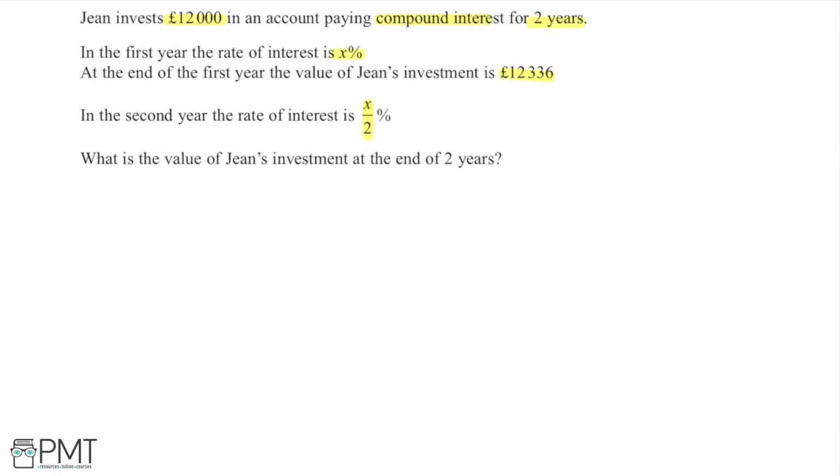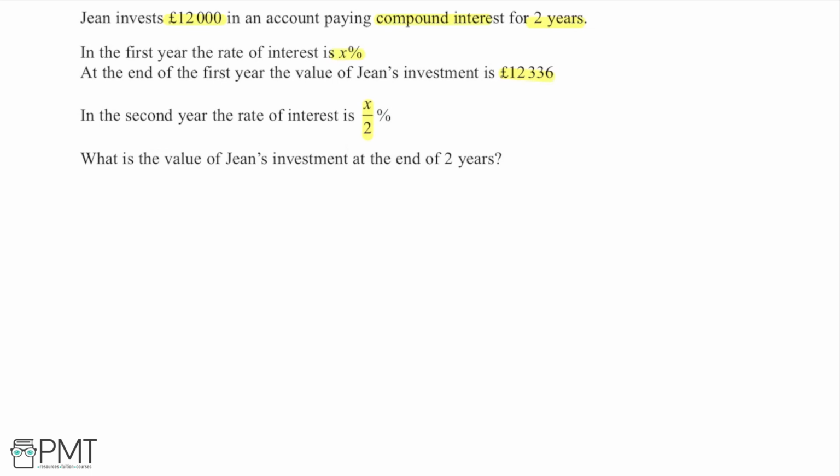So I know I'm working with compound interest, and initially that's making me think that I'm going to be working with some kind of decimal multiplier here. And if we're told that the rate of interest in the first year is this x%, I can rewrite this as a decimal multiplier. So if it's been an increase of x%, we can see that the number has gone up from the first year to the second year.